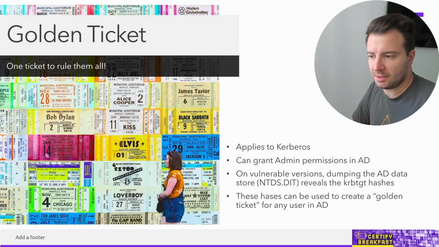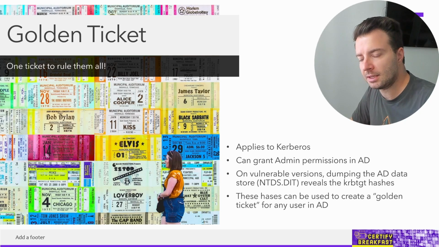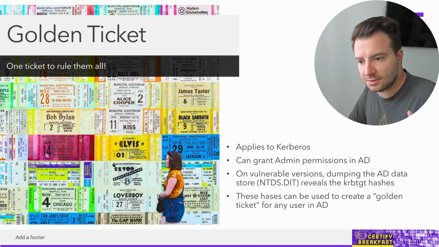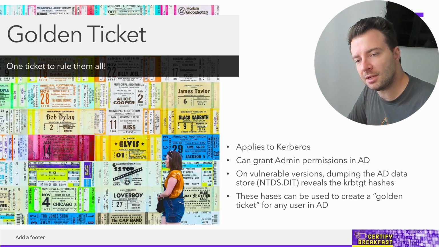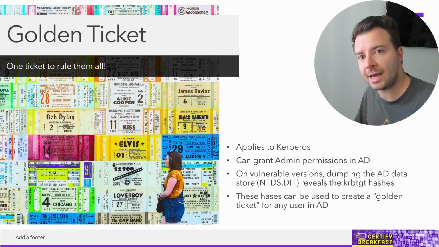Now, one more idea here regarding Kerberos, and we're not going to go into too much detail here because this is more like Security Plus content. This is described in much greater detail in Security Plus. But we have the concept of a golden ticket. And the golden ticket is a type of identifier that can grant any permission in an Active Directory domain, including admin permissions.